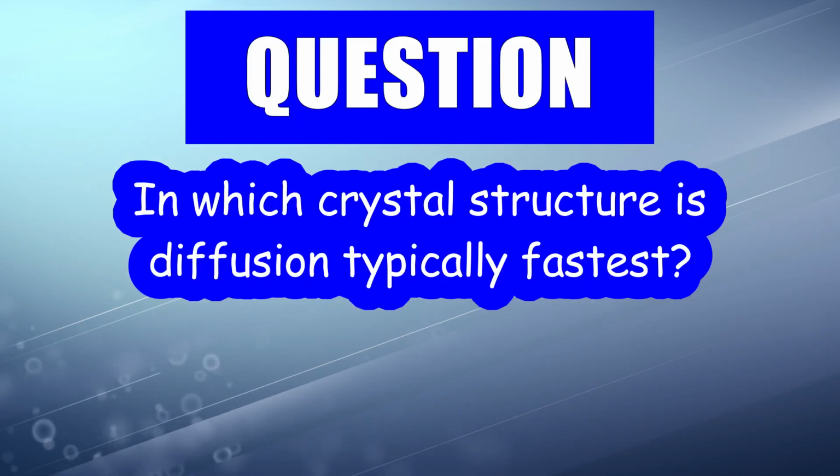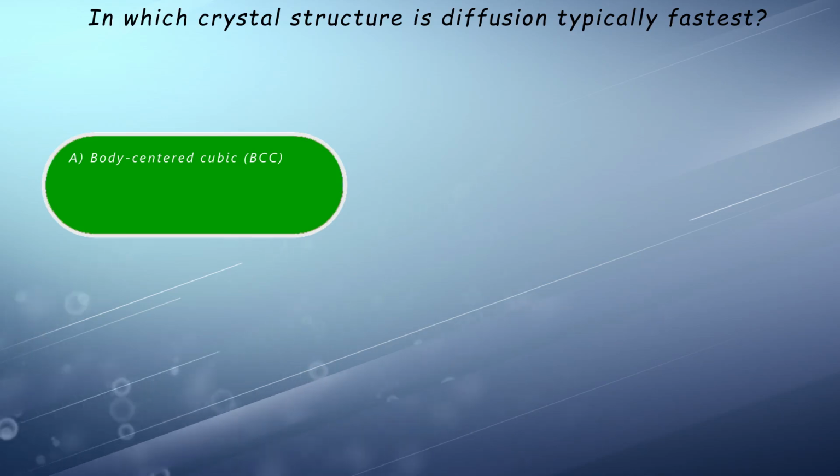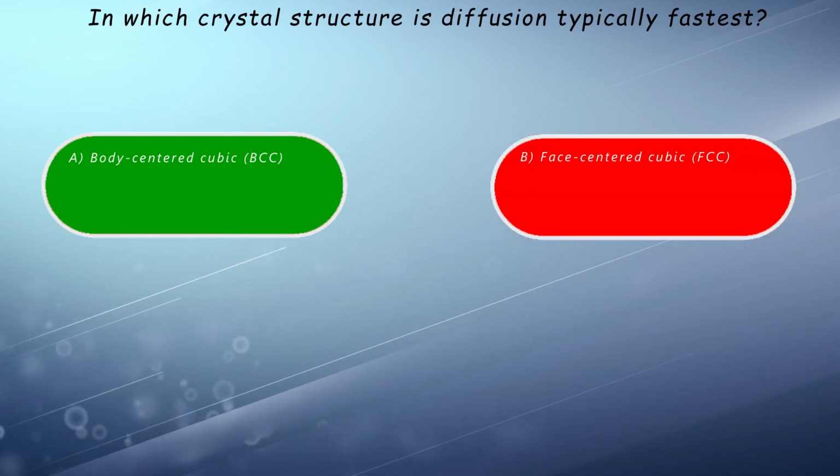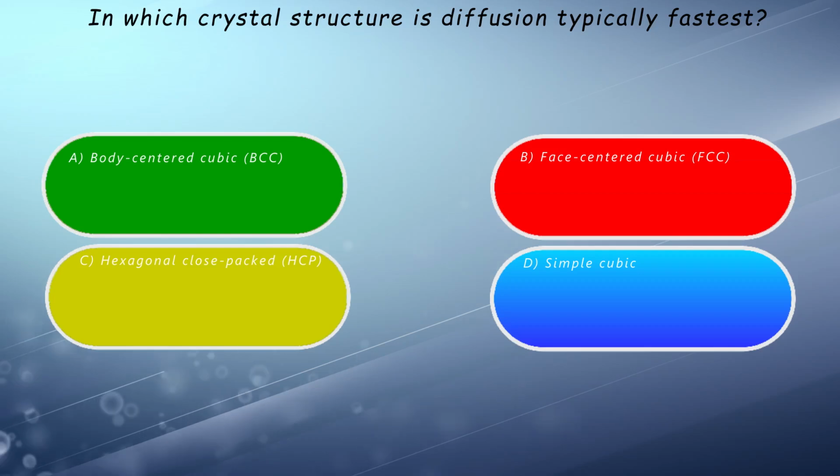In which crystal structure is diffusion typically fastest? A. Body-centered cubic. B. Face-centered cubic, FCC. C. Hexagonal close-packed, HCP. D. Simple cubic.